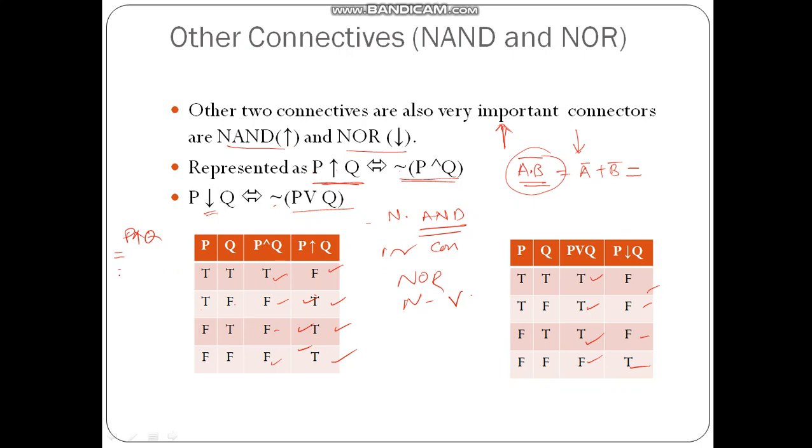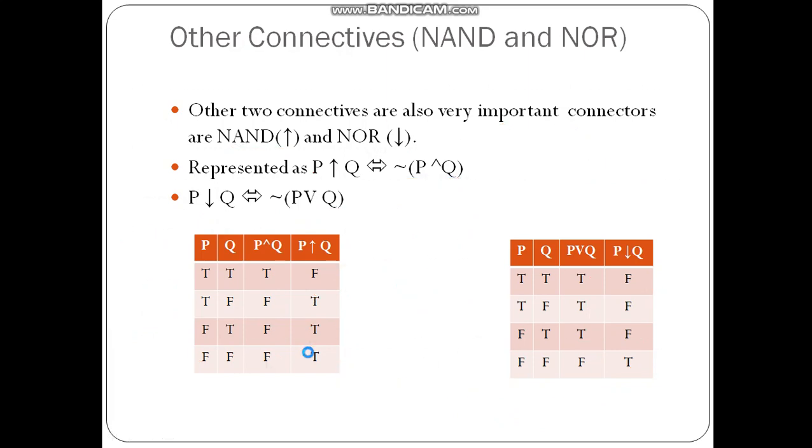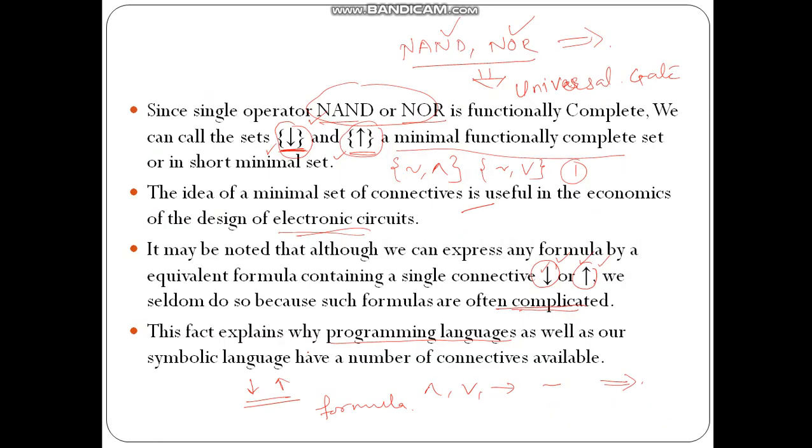It is P and not Q, or second one, not P and Q, or third one, not P and not Q. Whereas for P NOR Q, it is true only for this one, so it is not P and not Q. Okay, so that is the equation over there. Let us move ahead.